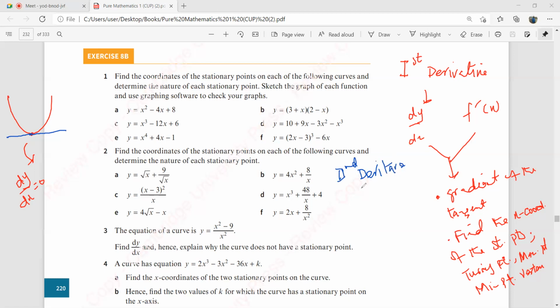The second derivative, which is called d2y by dx square, or you can call this f double dash of x. So this is used to determine the nature of a turning point, a stationary point, okay?